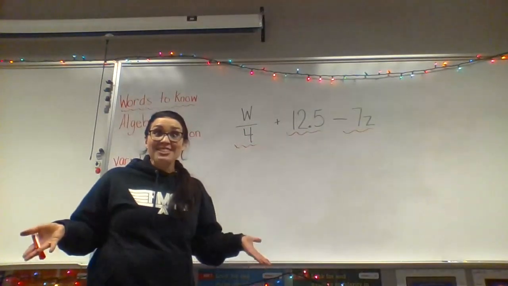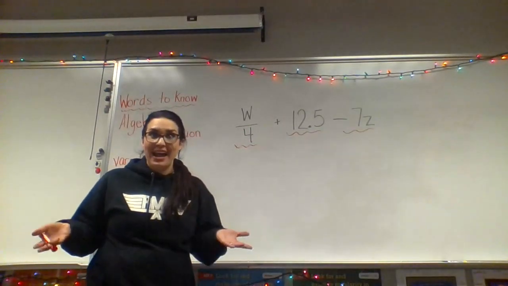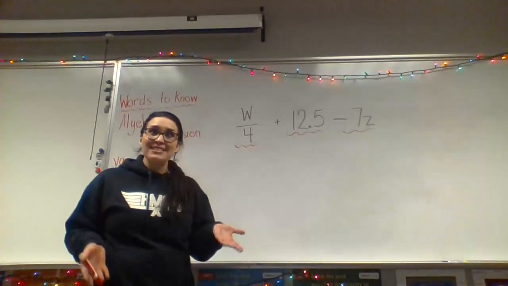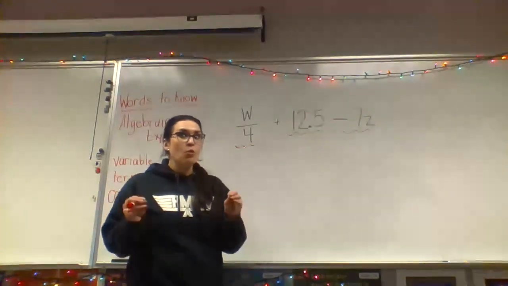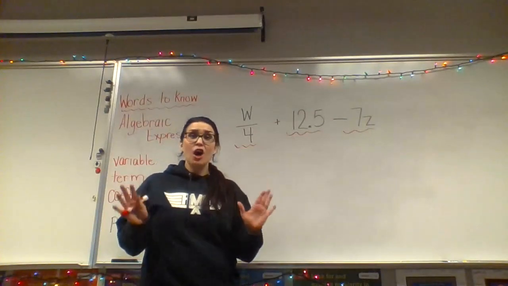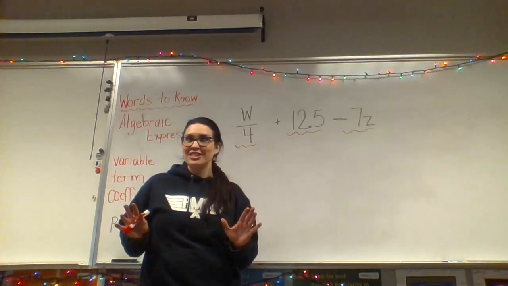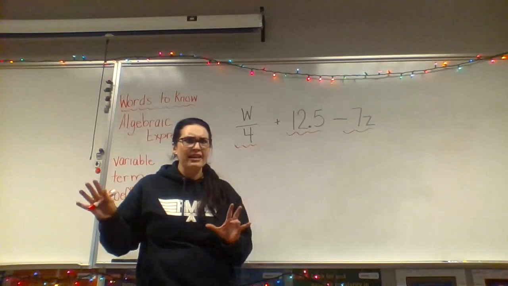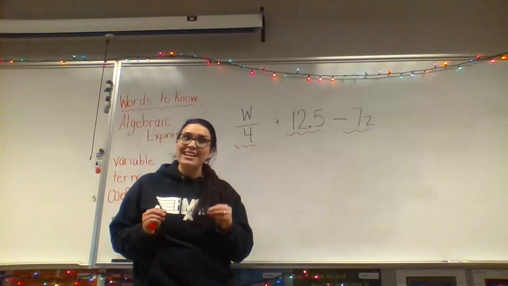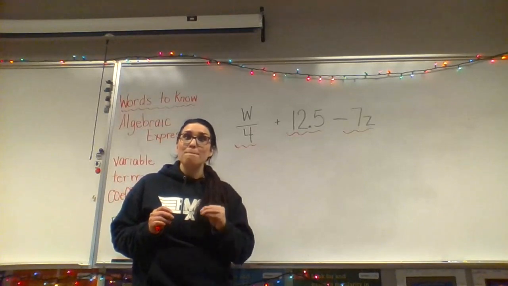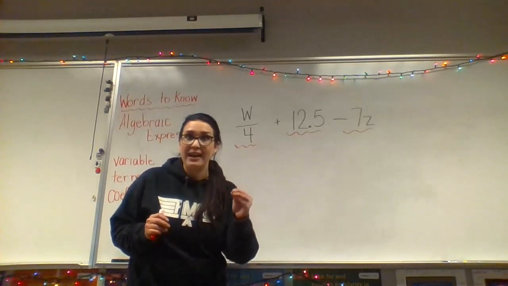Now let's talk about question number 9. So question number 9 asks, which of these terms has a coefficient? Well, let's think, right? A coefficient is not just a number that also has a variable somewhere in there, right? A coefficient is the number that is being multiplied by that variable.